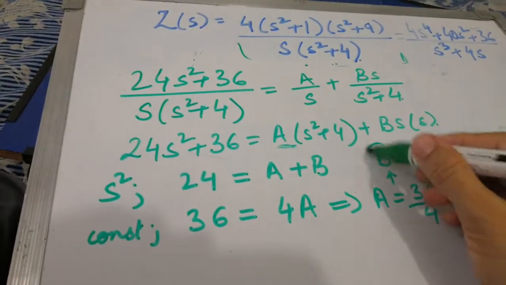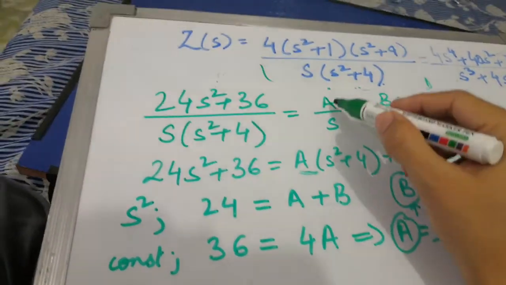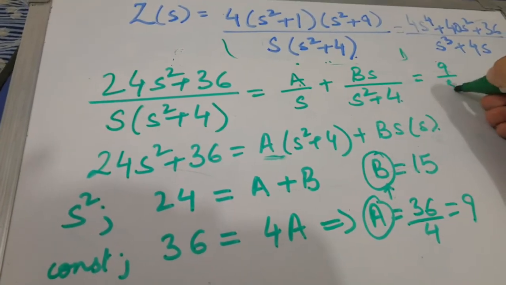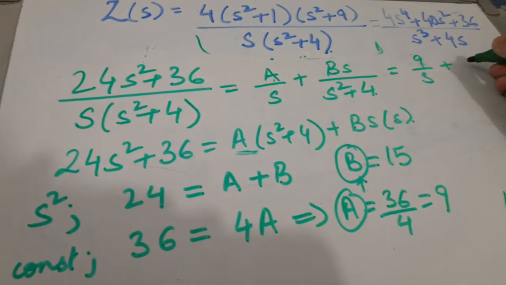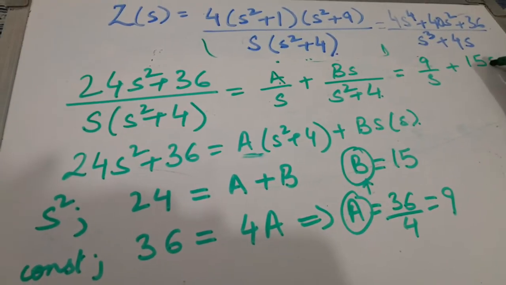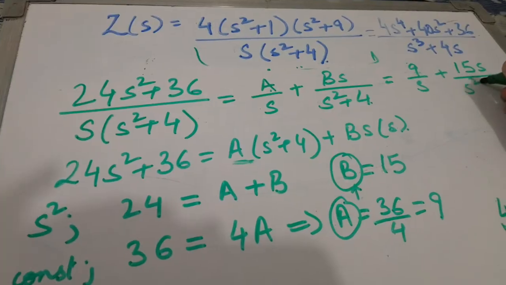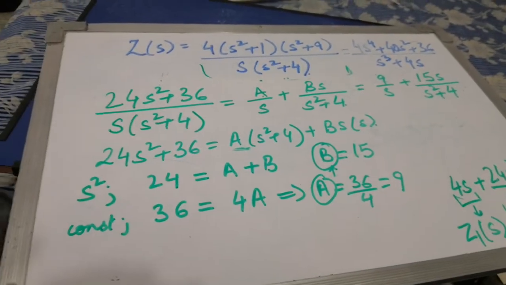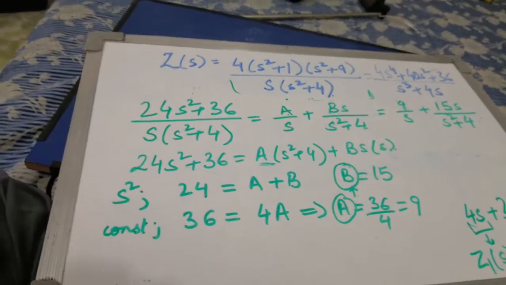So I'm going to replace B and A value directly here with 9 upon s and 15s upon (s² + 4), right? I think this is clear till now.